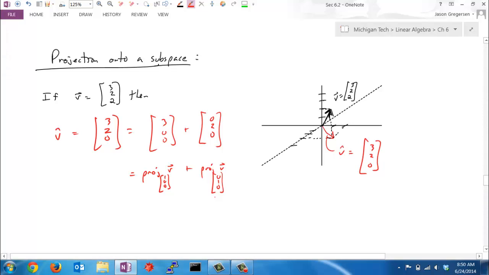We could practice that with projections onto those standard basis vectors, but we don't really have time today. But the idea is this is kind of the process. We're going to take an orthogonal basis in our plane, project onto the first vector and project onto the second vector, and that sum is going to be the projection onto the space.